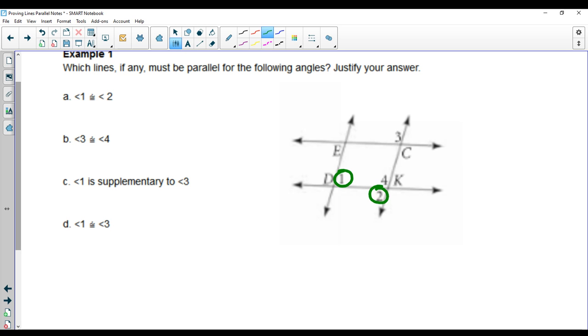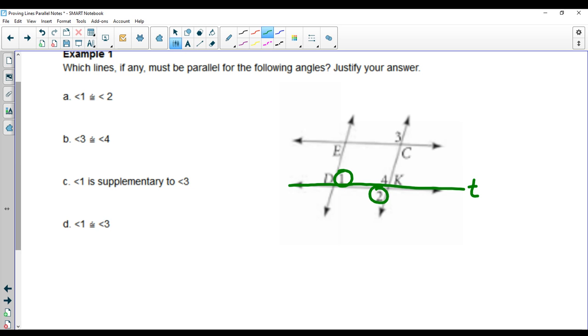Let's decide on a transversal. Are those two angles near a single line? Yes, they are. They are right here. So that is going to be our transversal line. Now we know it's a transversal line. We're going to have to crick our necks a little bit and look at the other two lines.